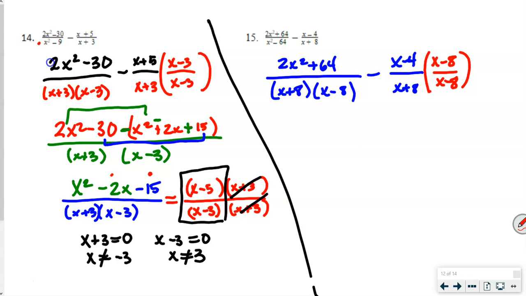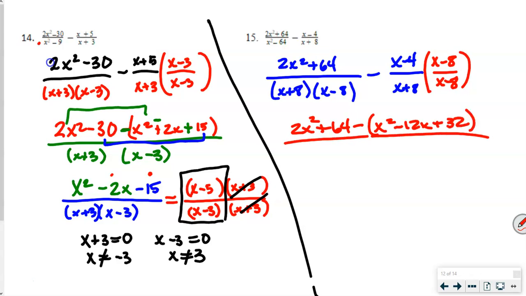So we're going to get 2x squared plus 64. X times x is x squared. So again, I'm going to put my minus there and deal with that in a minute. So we got x squared, and then we got a minus 8x minus 4x. So that's minus 12x. And then plus 32.